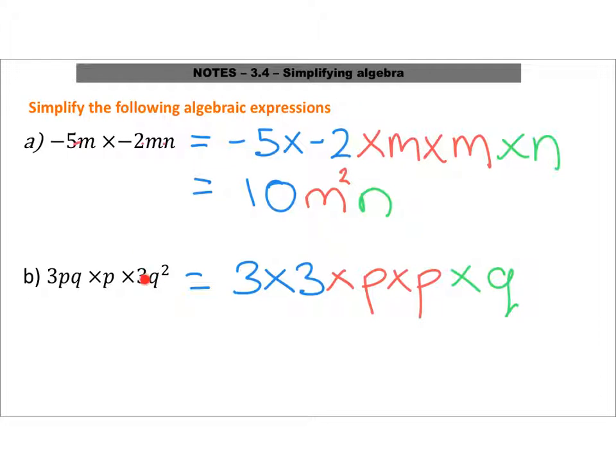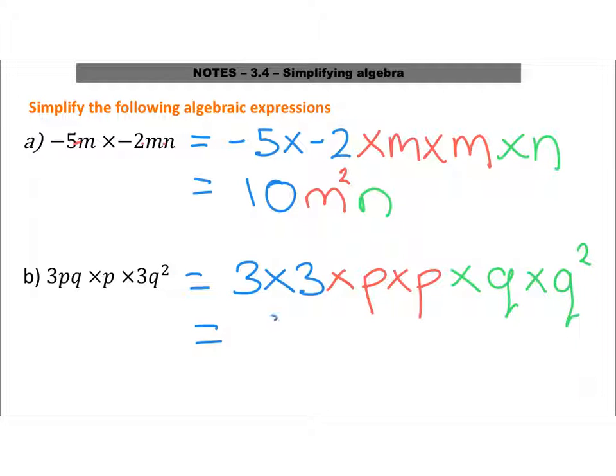And this one here is actually a q squared, so I'm going to expand that right out. Well, let's write q squared, because then we can practice our index laws, adding our powers. And then we're going to combine that like we did with the last one.